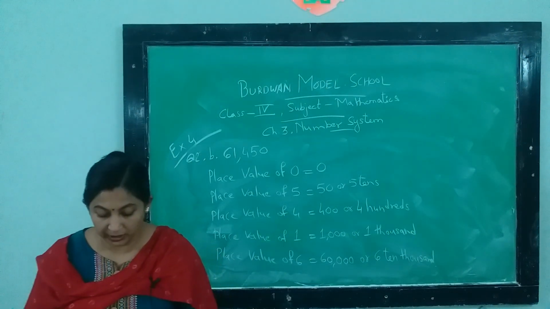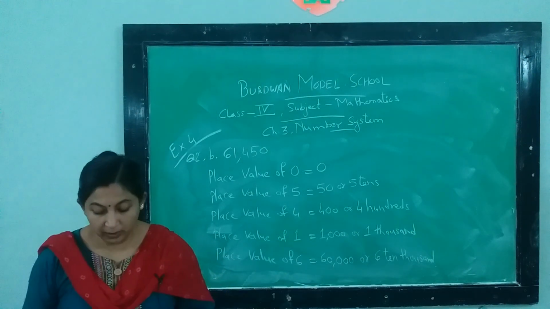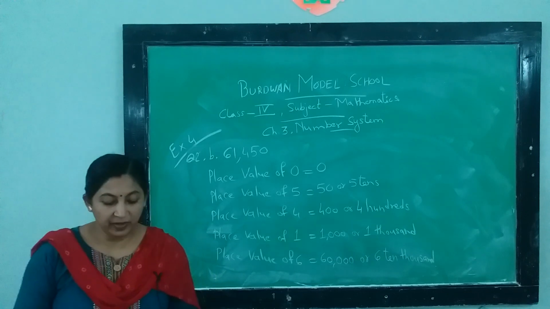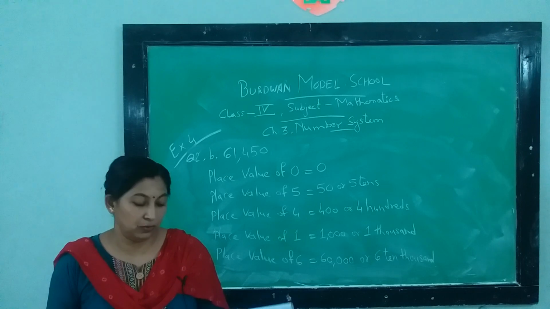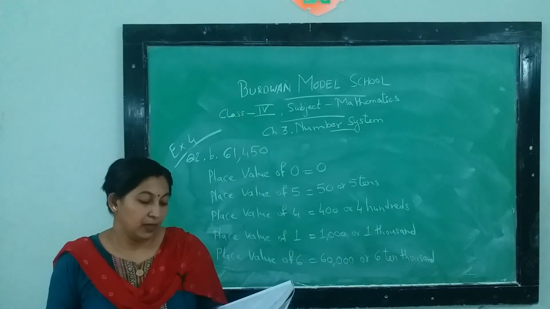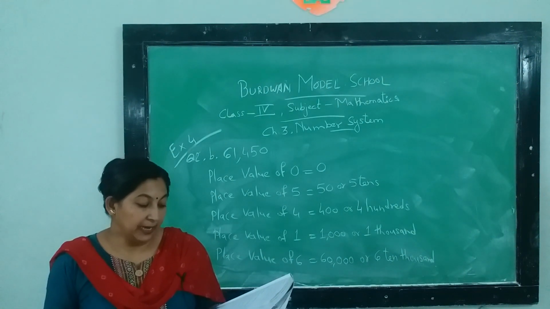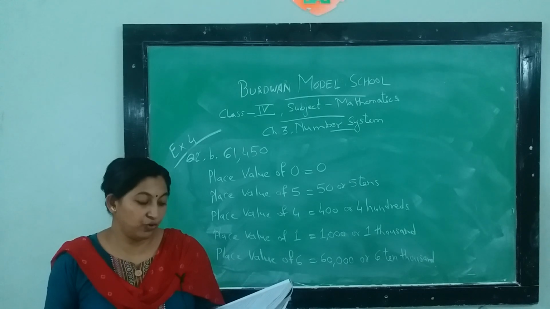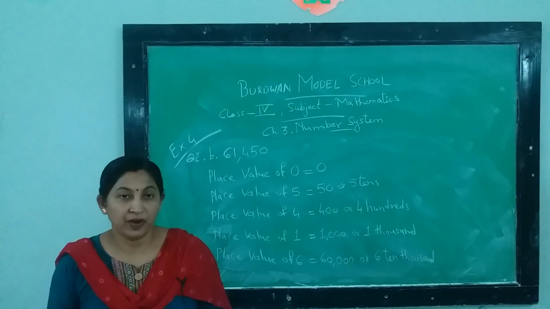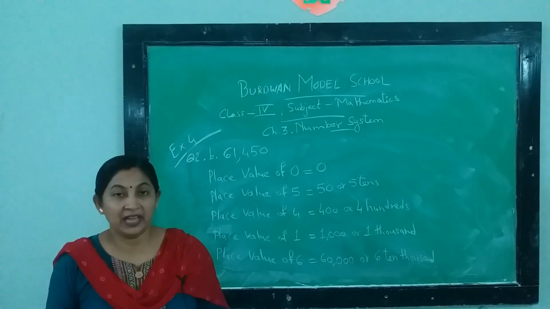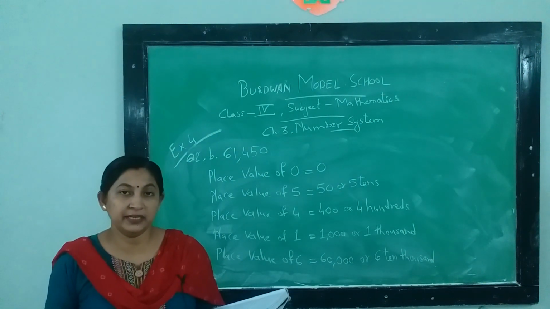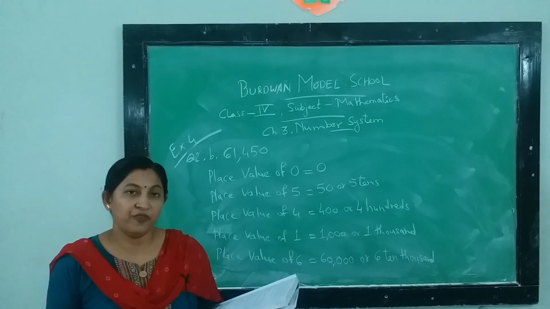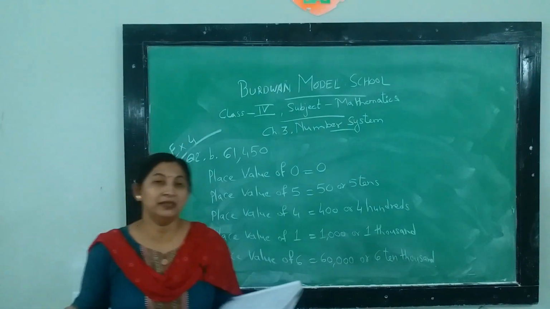Now come to question number 3. In question number 3, find the difference between the place value and face value of 6 in 4,61,503. Here you have to find the difference between place value and face value. The place value, you know that in which place the digit is, but face value means what the digit is given.